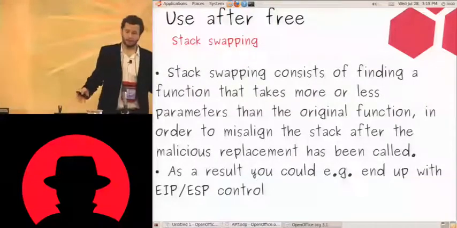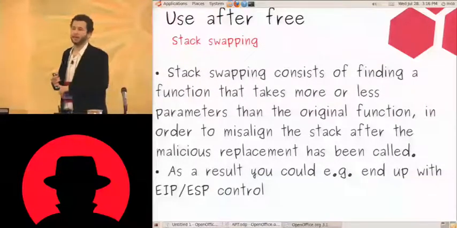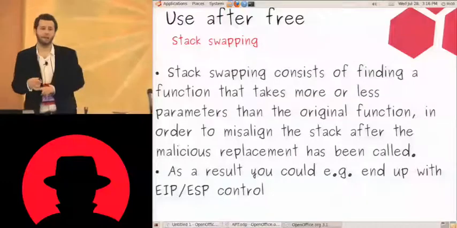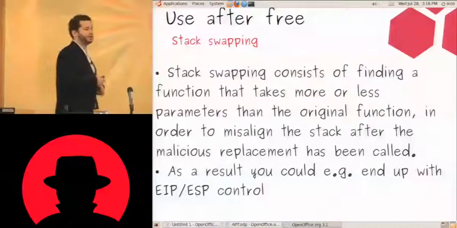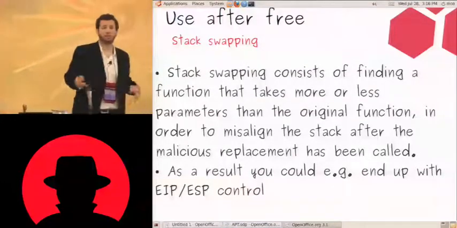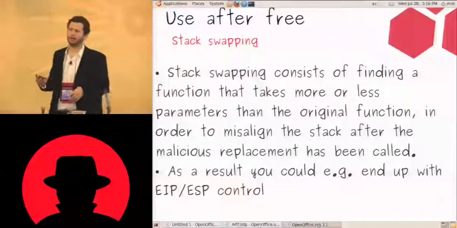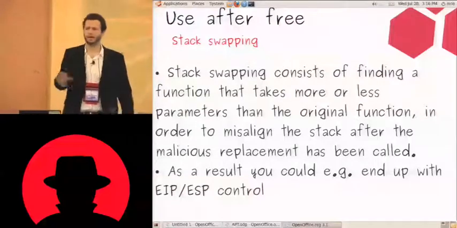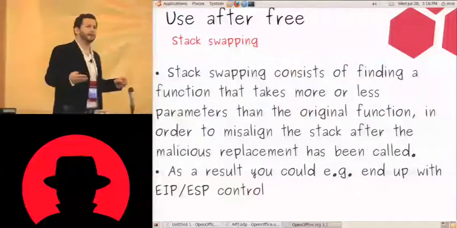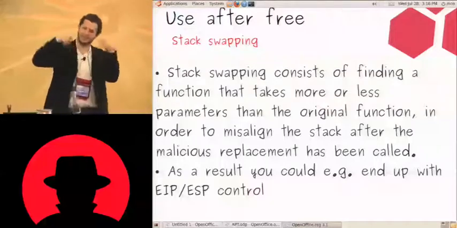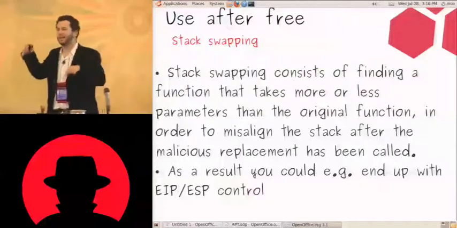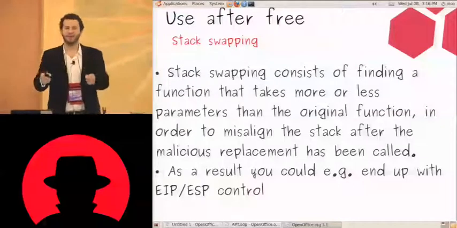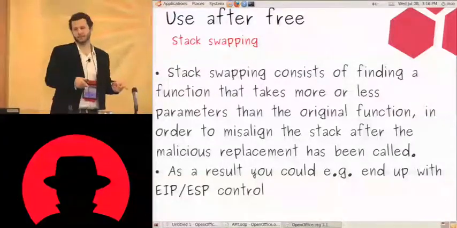Another trick you can pull is stack swapping. Basically, you find a replacement function that instead of having 4 arguments, or 3 arguments, which is what getThisID takes, you find an object which has exactly the same triggering offset, a method that has fewer arguments.